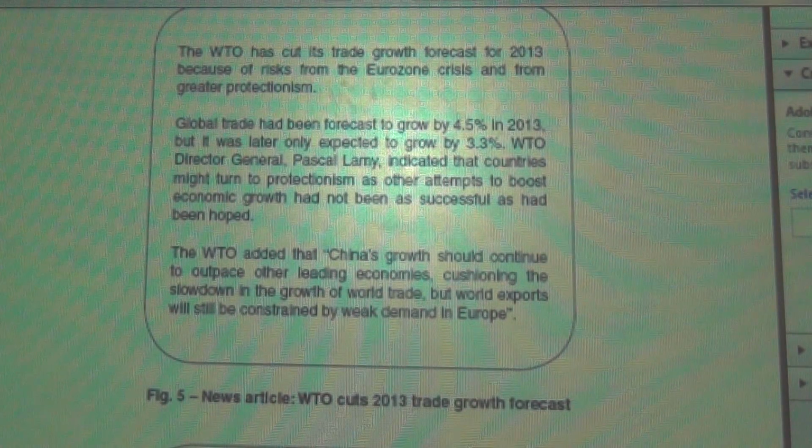Second paragraph. Global trade had been forecast to grow by 4.5% in 2013, but it was later only expected to grow by 3.3%. WTO Director Pascal indicated that countries might turn to protectionism as other attempts to boost growth had not been as successful as he had hoped.